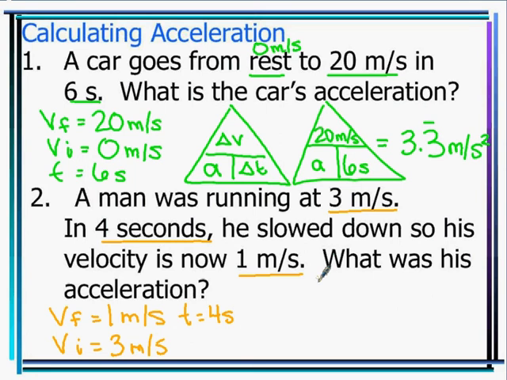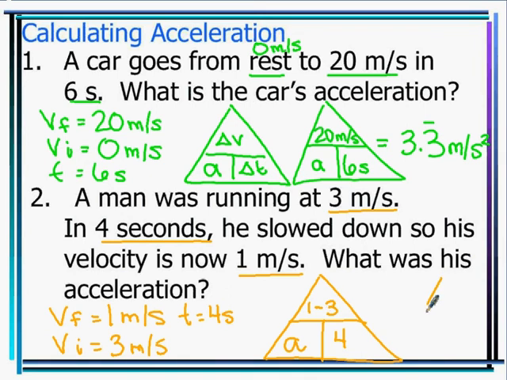So then I plug it in. It says, what is the acceleration? Same triangle is up here. So I'm solving for acceleration. Change in velocity over change in time. So I have my velocity final is 1 meter per second. My velocity initial is 3 meters per second. And my time is 4. So I have 1 minus 3.